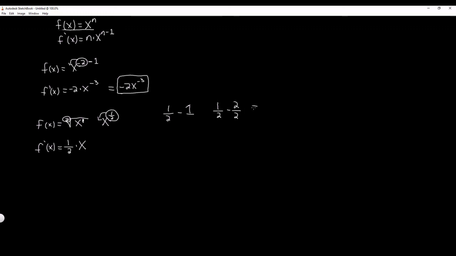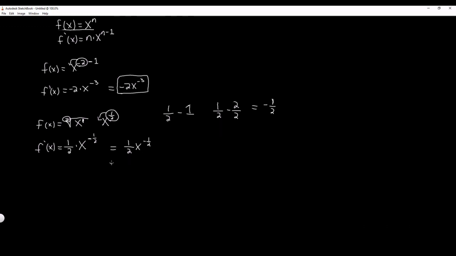So this is going to be equal to negative 1/2, and that's going to be our new exponent. So 1/2 times x to the negative 1/2. If we simplify this a little bit, this will be 1/2 x to the negative 1/2. And if we want to completely simplify this, we can change the sign of the negative 1/2 to a positive 1/2 and move it from the numerator down to the denominator, just to get rid of that negative exponent.